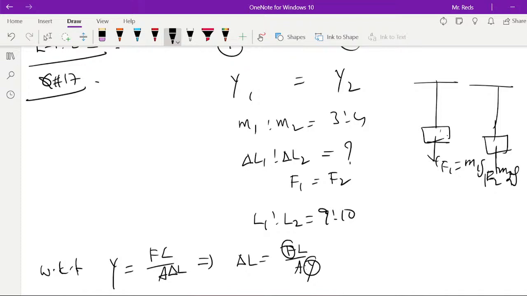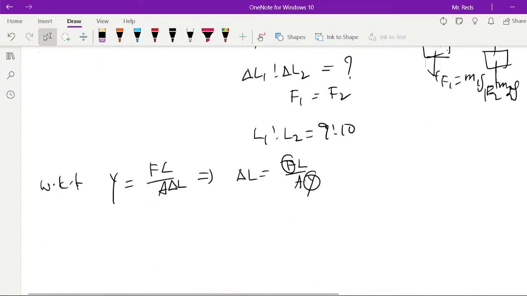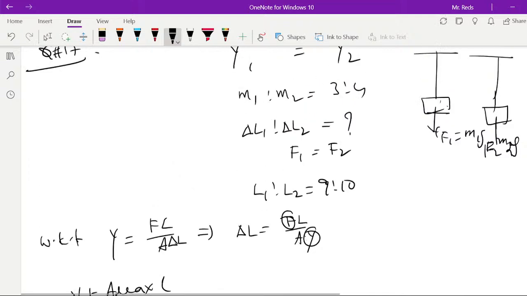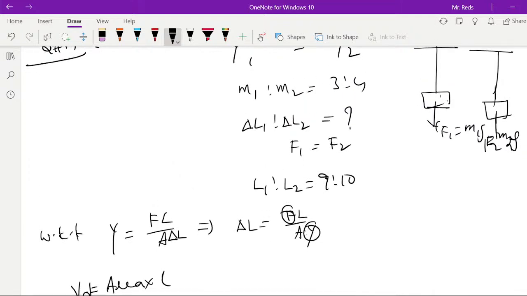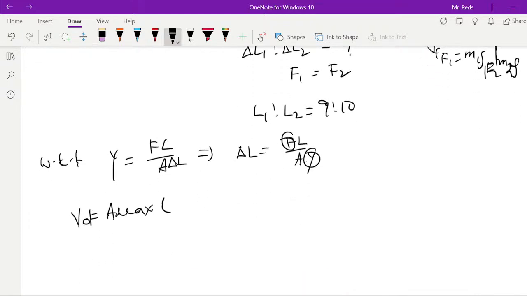Volume should remain constant. Consider the extension under the constant volume condition, where volume is equal to area into length of the wire.